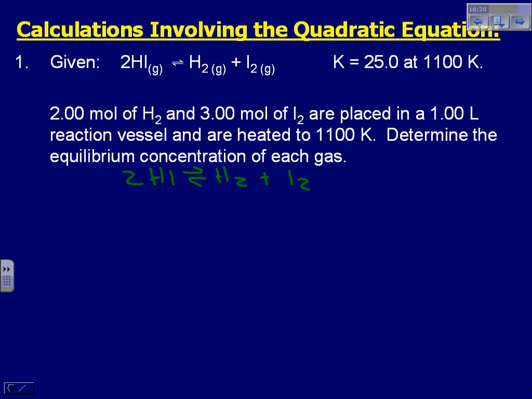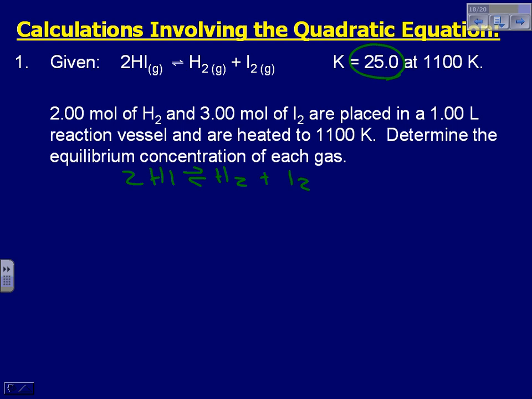They're all gases, so I don't exclude any of them. And the K, again, is 25. Normally, I write that down so that I can visually see whether it's small or large. In this case, fairly large, so we're not likely going to deal with the approximation.